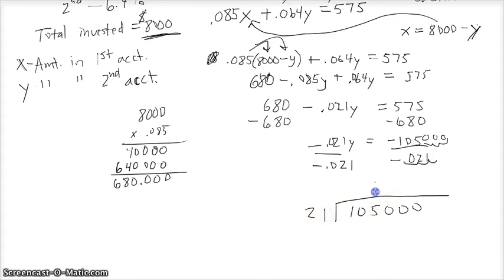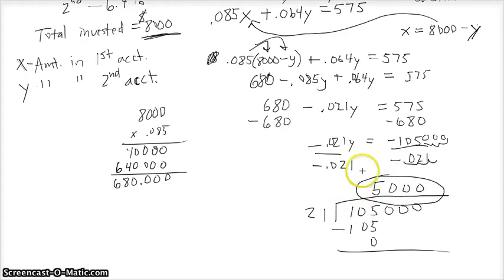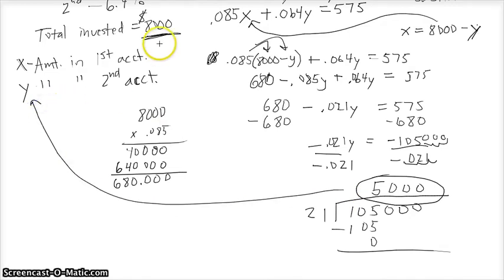This goes in 5 times, so I actually have 5,000. Now my answer is not complete because this described how much was in the second account. If I invested a total of 8,000, the amount in the first one is 3,000.